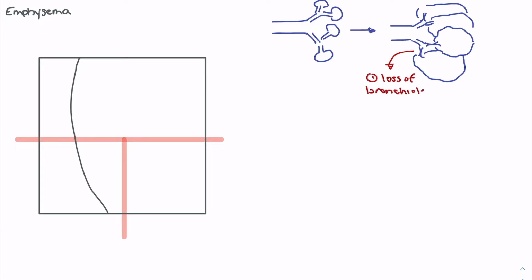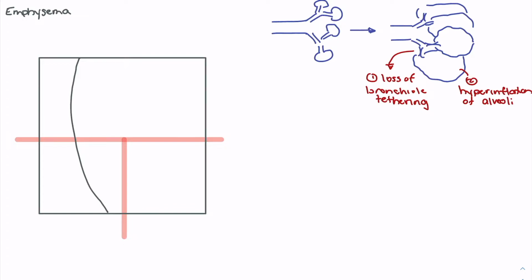That means that the elasticity, or the mechanism by which the bronchioles are being pulled open, has been lost. The second big thing is hyperinflation of the alveoli. We're seeing that the alveoli are becoming large and distended. So these are the two big things.